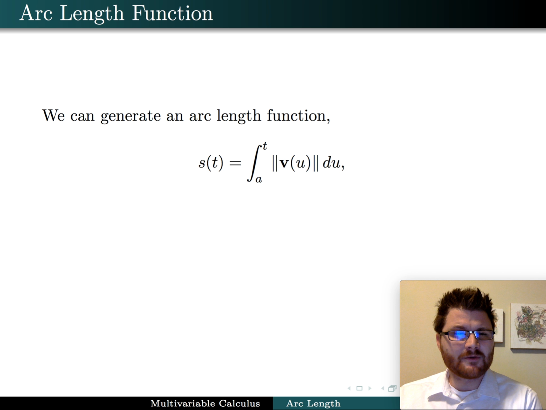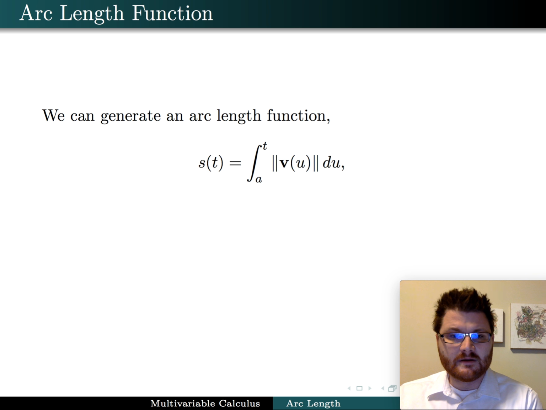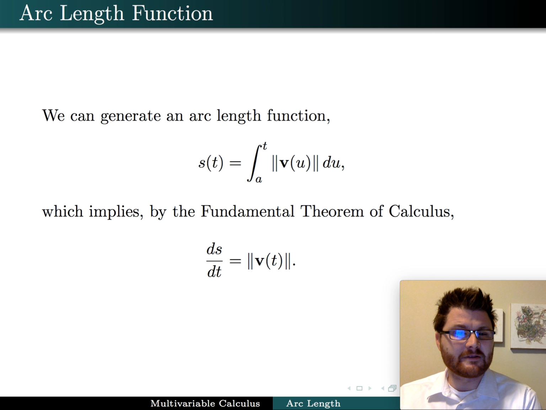And if we want, we can also generate an arc length function. That is, instead of integrating from some constant to some constant, we change the variable in our integral to u to avoid confusion, and instead integrate from some constant up to a variable t. That'll give us a function of t, a function of s in terms of t, rather. But the fundamental theorem of calculus tells us then that the derivative of s with respect to t must be v evaluated at t.